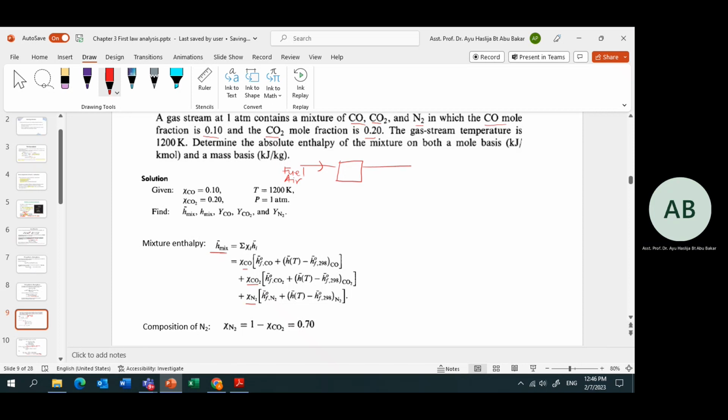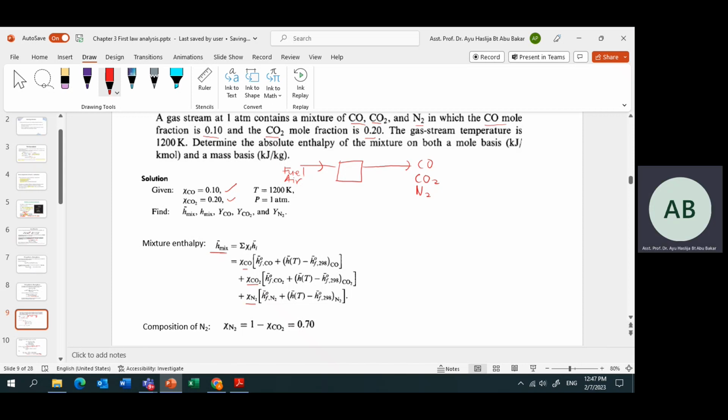Now the product you have here is CO, CO2, and N2. CO mole fraction is 0.1. CO2 mole fraction is 0.2.